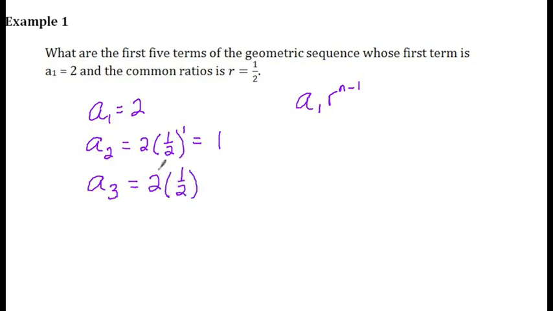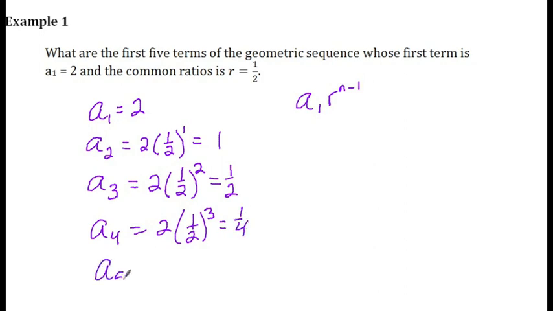But now, how do you get from the first term to the third term? You've got to do it twice. So that's where you get your 2 there. So 1/2 squared is 1/4 times 2 is 1/2. a sub 4 is 2 times 1/2 to the third power. 1/2 times 1/2 times 1/2 is 1/8 times 2 is 1/4.